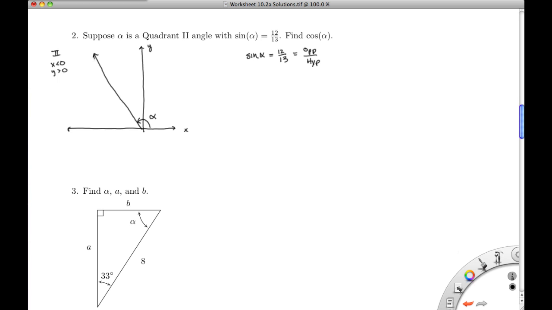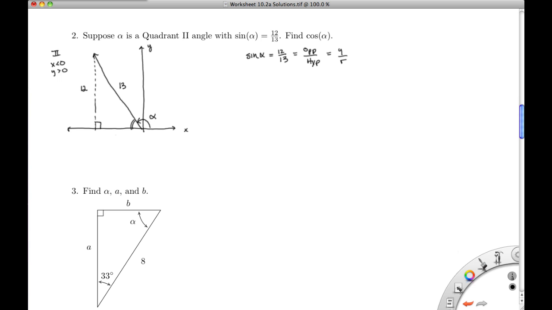So I'm going to draw a reference triangle here in the second quadrant. So the opposite side of our reference angle here is going to be the 12, and then the hypotenuse is going to be 13. And since we're in the second quadrant, the y is positive, and that's this height right here, which is 12. By the way, another way to think of the sine is the y-coordinate divided by the hypotenuse, which is sometimes called r as a radius.